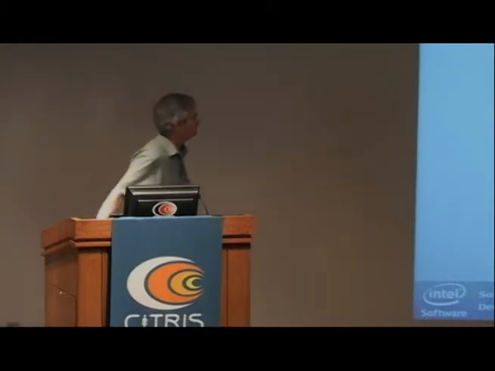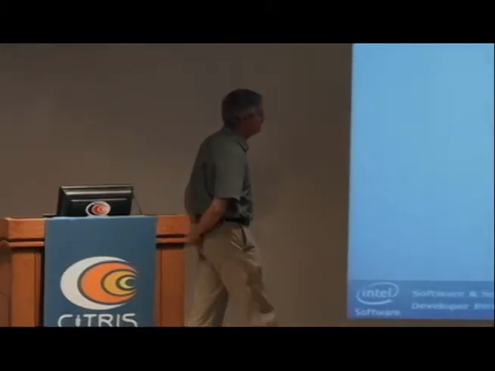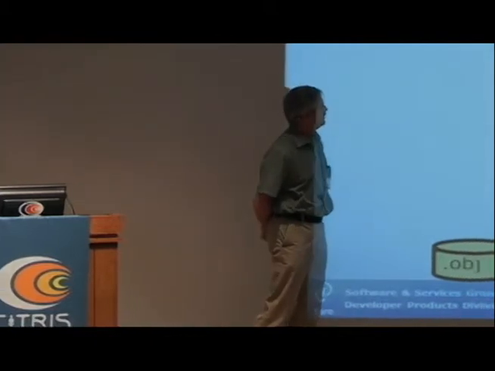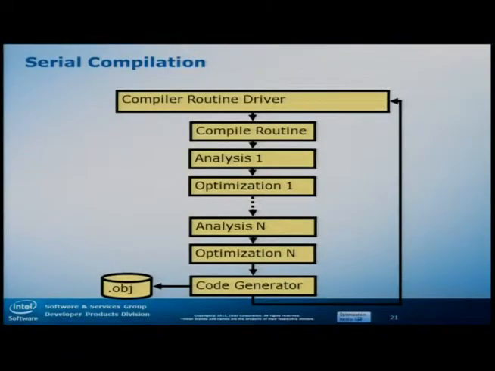Okay, so the way the compiler is structured is similar to every other compiler. There's a driver program that looks at a subroutine or a function at a time and simply compiles it, does some analysis, does multiple phases of optimizations. Finally at the end, so with intermediate code, finally at the end, the actual assembly language code, machine code, gets generated.